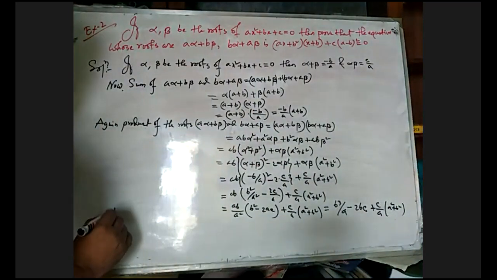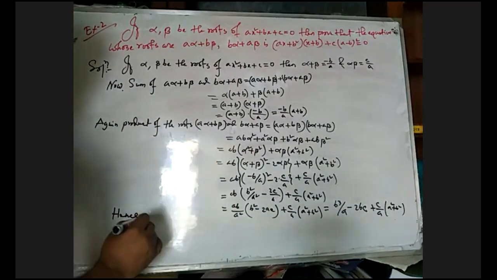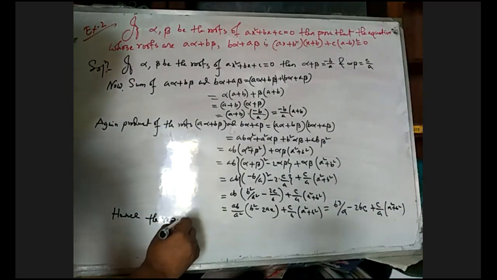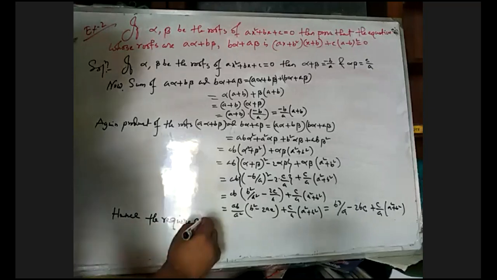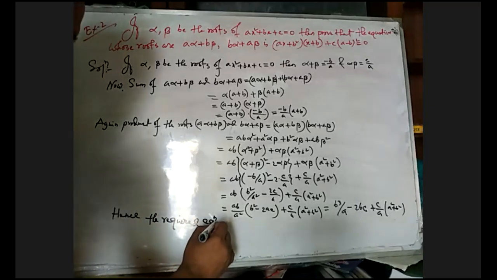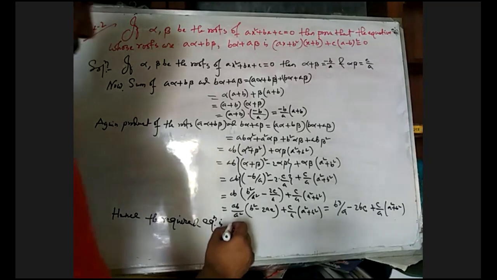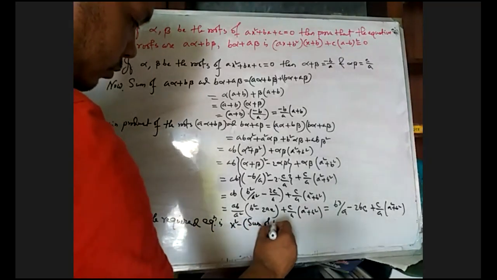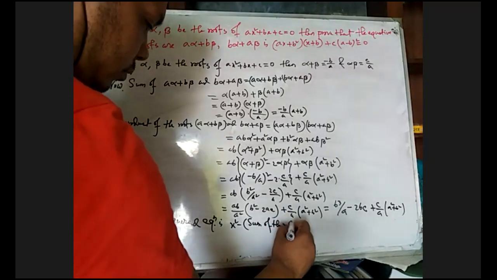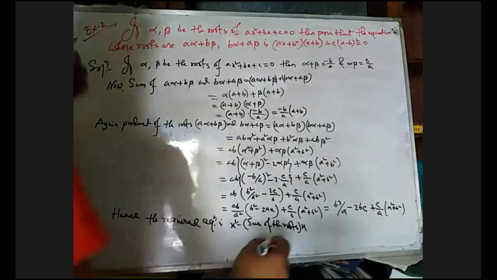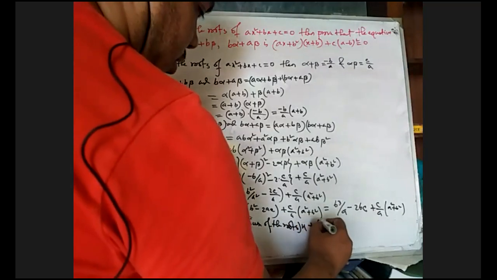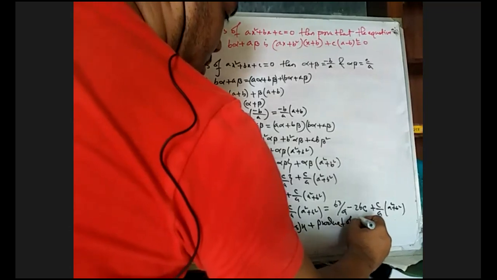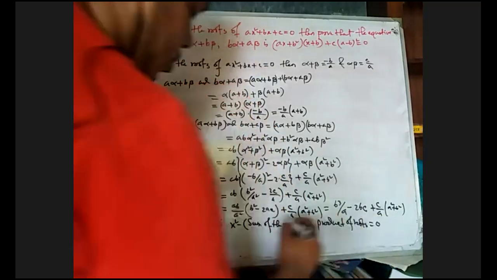Hence the required equation is x square minus sum of roots into x plus product of the roots equals 0.